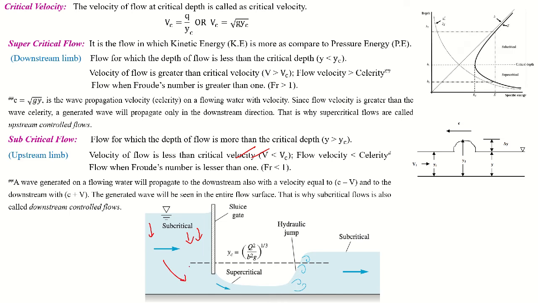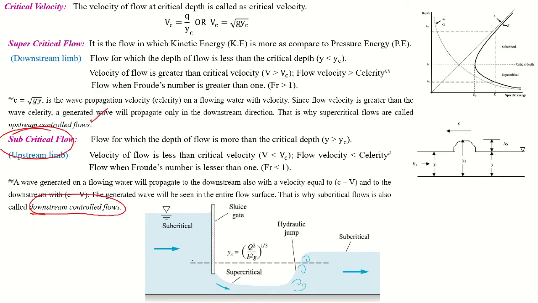Water flows only due to elevation and gravity difference. So here the velocity of the water will be slow, the flow velocity is always lesser than your celerity, and in this condition the Froude number should be lesser than 1. Subcritical flow is also called downstream control flow. Both are quite opposite: supercritical flow is upstream controlled, and subcritical flow is downstream control flow.